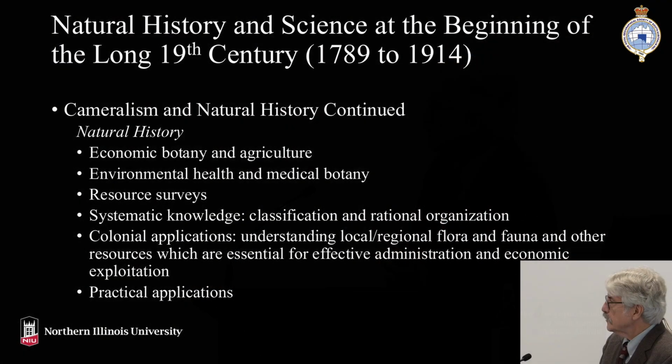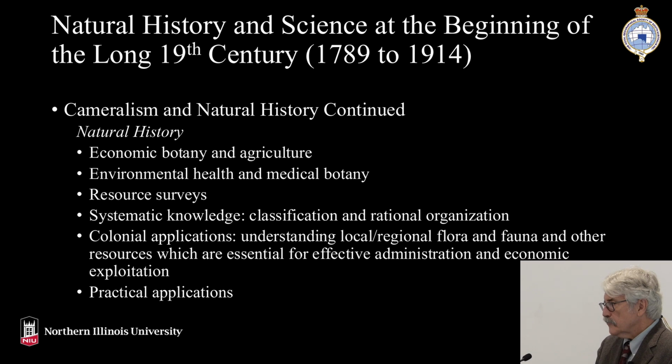So how does natural history come into it? As we see here, the botanist Richard Schomburgk was very much involved in economic botany and agriculture. He came from Germany originally, okay? So they had these ideas about what you can do with plants, and colonization and so forth.